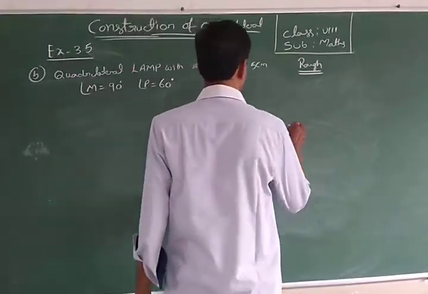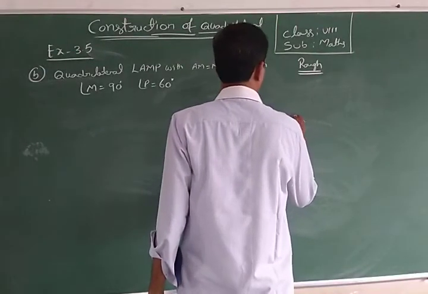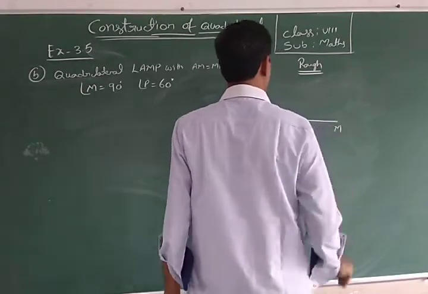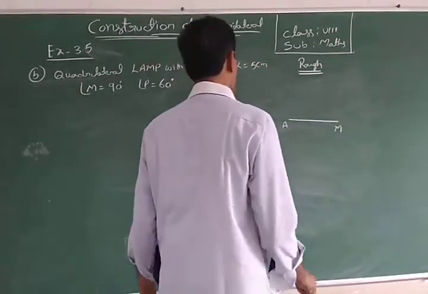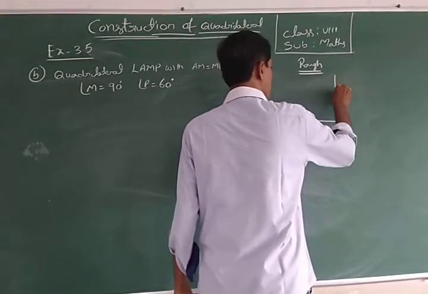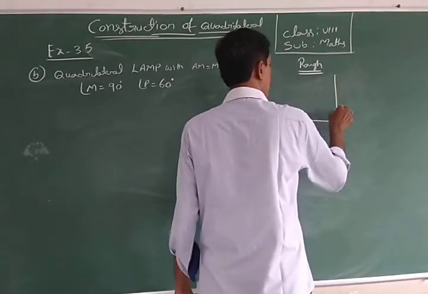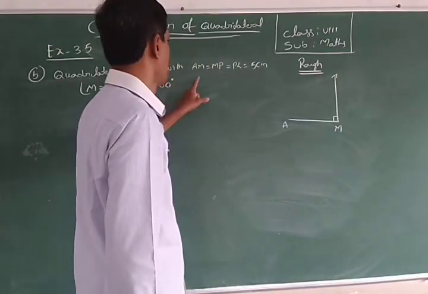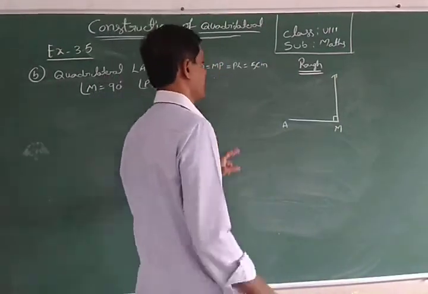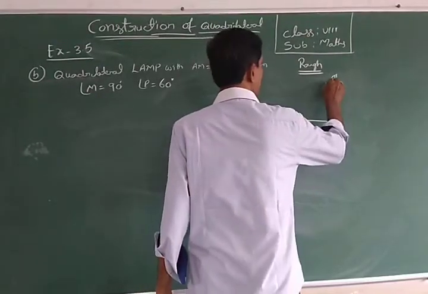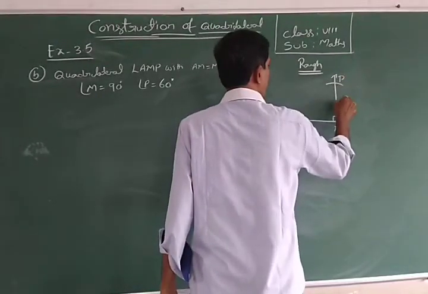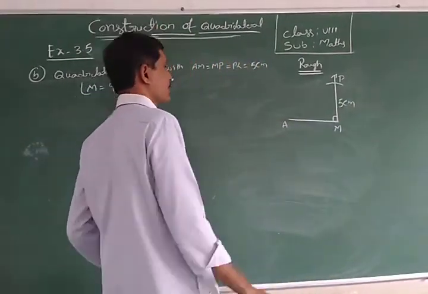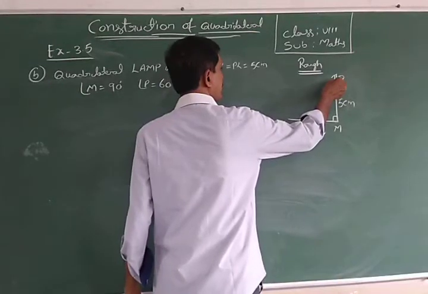First LAMP is given, therefore first draw AM. Next take M as the center, measure the angle 90 degrees, draw a ray. Next MP, therefore take M as the center, draw the arc with 5 centimeters, the point is P, that is 5 centimeters. Okay. Next take P as the center, draw the arc with 60 degrees.